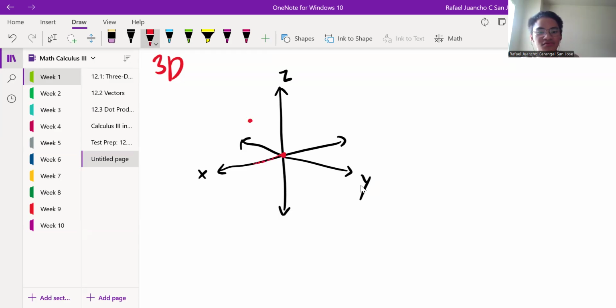So we go this number of times, this number of times, this number of times. So the distance from this point to the origin is that, graphically. But how do we make a formula to find it?